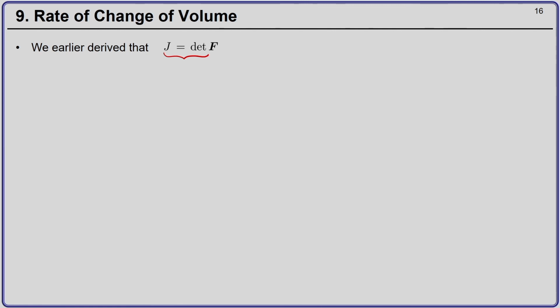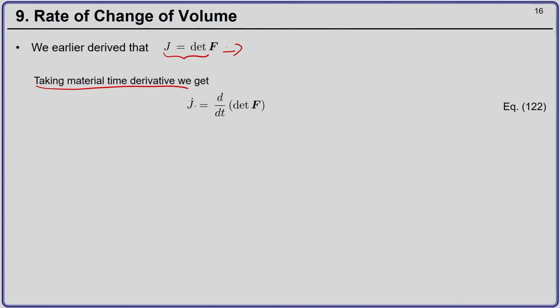So, Jacobian characterizes the volume change. Now, if we take the material time derivative on both sides, which means d by dt of J equal to d by dt of determinant of F, and that is what I have shown in equation 122.